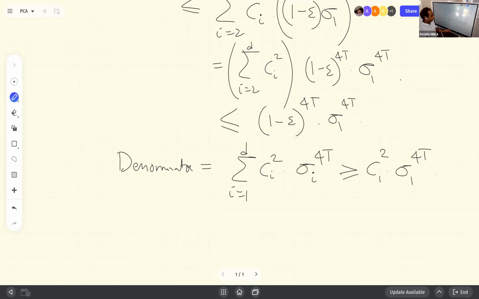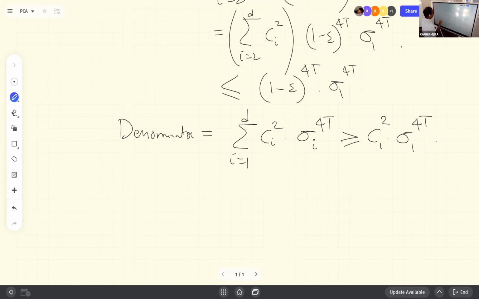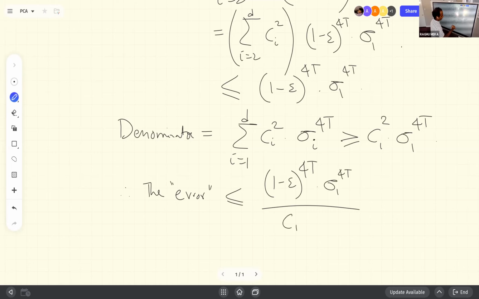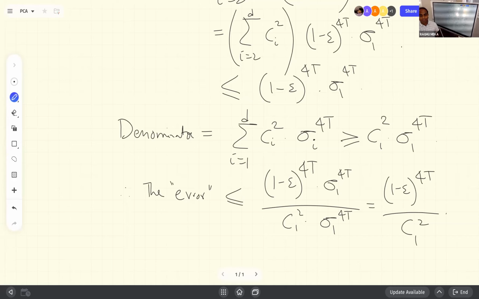Okay, there are a lot of terms here. I'm going to ignore all of them and just look at the first term. It has some contribution. So therefore, the error is at most... That's pretty much it.